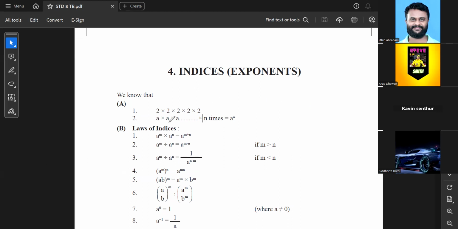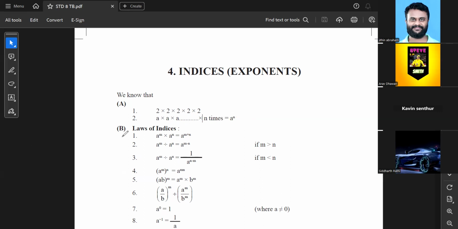For example, A represents any number, it can be 1, 2, 3, any number. If A is multiplied with the same number n times, we can write that expression as A raised to n. So far, is it clear to you guys? Yes, sir. Okay, that's great.